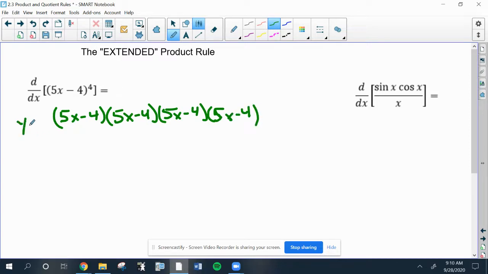The extended product rule says you just take the derivative of each of those factors separately, all divided by plus signs. I don't want to say divided by, but I did. So in other words, take the derivative first, leave the others alone.